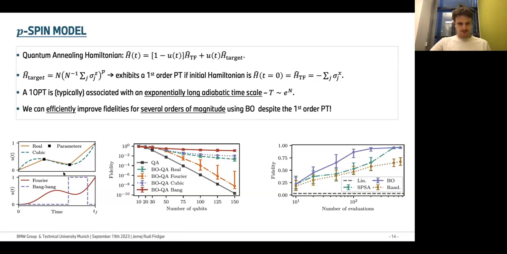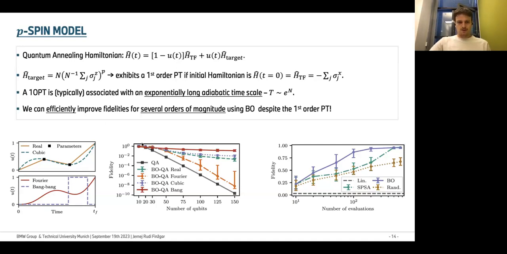So here we test then several different parametrizations of this U function, which controls how we go from the transverse field Hamiltonian to the target Hamiltonian, and we optimize the schedules using Bayesian optimization.